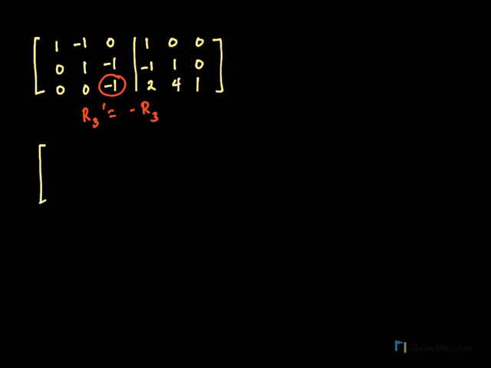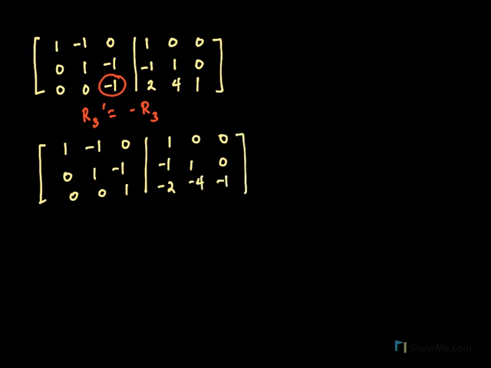So, our matrix becomes 1, negative 1, 0, 1, 0, 0, 0, 1, negative 1, negative 1, 1, 0, 0, 0, 1, negative 2, negative 4, negative 1. Okay, so dun sa main diagonal natin, mapansin natin meron na tayong 1, 1, and then 1.